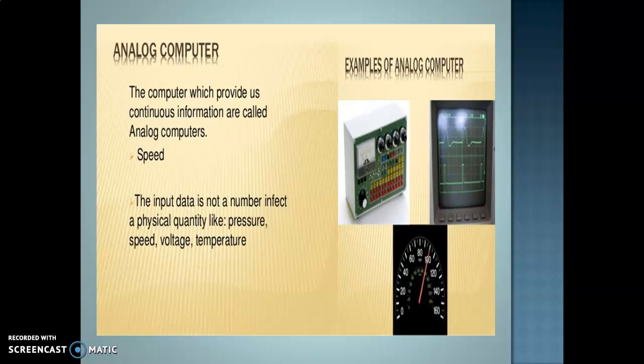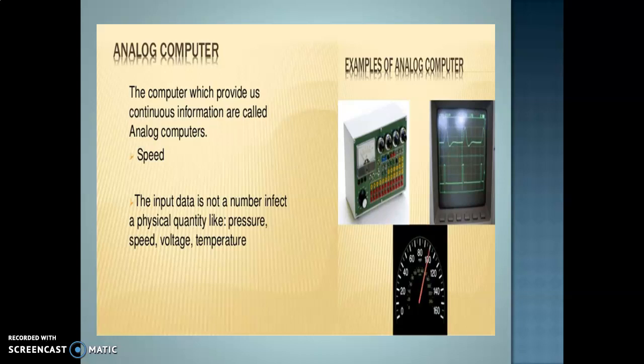On the basis of their type or functioning, we can categorize analog computer. What is analog computer? A computer that operates by measuring instead of counting. It measures the continuously changeable physical quantities like voltage, pressure, as you can see in the stabilizer.